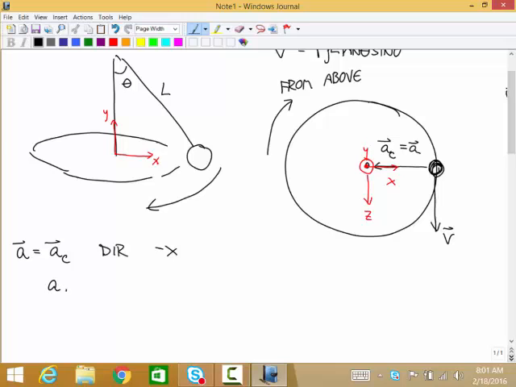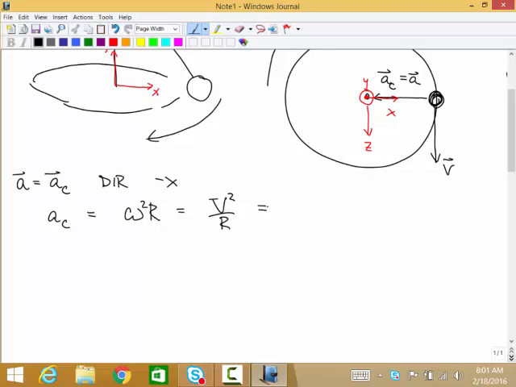And the magnitude for the centripetal acceleration, there's two ways to calculate that: either omega squared r or v squared over r. We're not given anything about omega, but we can calculate v squared.